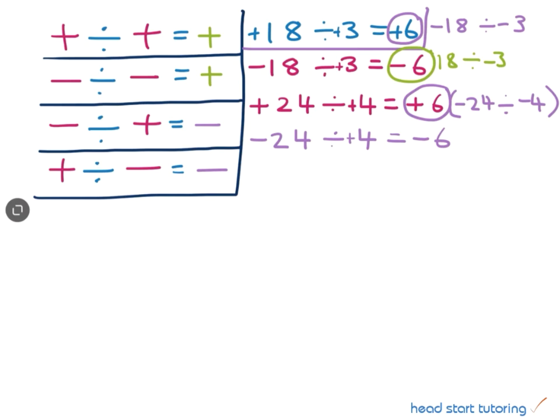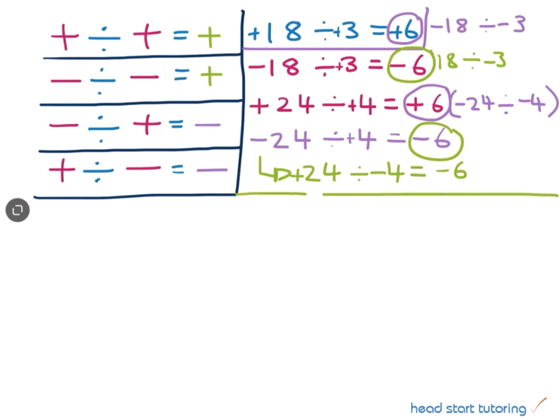So 18 divided by 3 is 6, so we will always get 6 as our answer, and then depending on our signs, that will change. So if over here we end up with positive 24 divided by negative 4, we will again end up with negative 6, and that is simply because our signs were different. We end up with a negative answer.